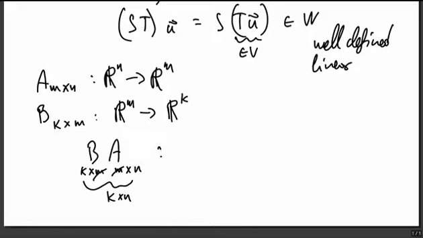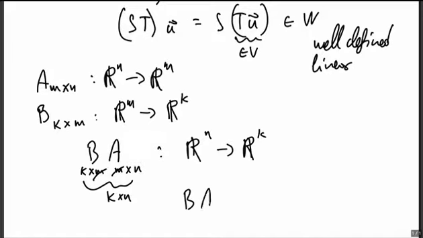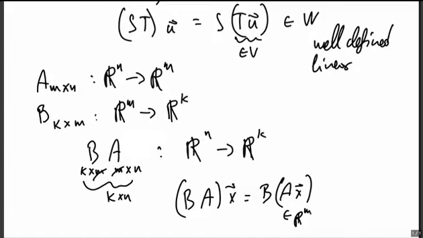That means this will be a mapping from Rn into Rk, a composite transformation. When you apply BA to a vector, it is the same as first applying A to the vector to get an Rm vector, and since B is K by M, we can multiply with the matrix B to get an Rk vector.